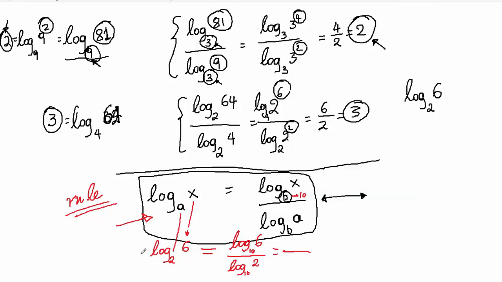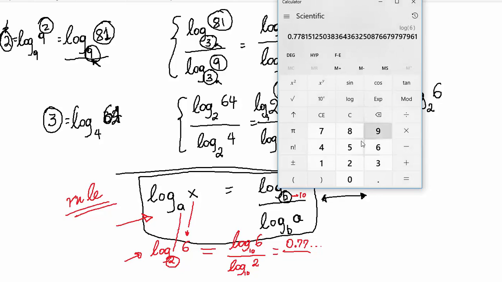No. What I want to find is the log with base 2 of 6. So 0.77 is the log with base 10 of 6. Now, if I continue and I find the corresponding denominator for the change of base, I will find the log of 2 with base 10, and this is 0.30.